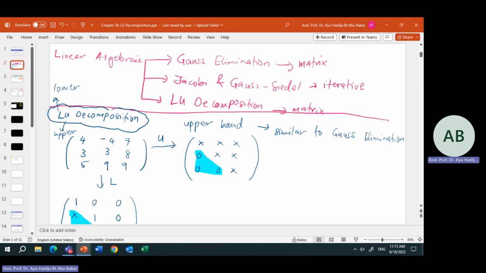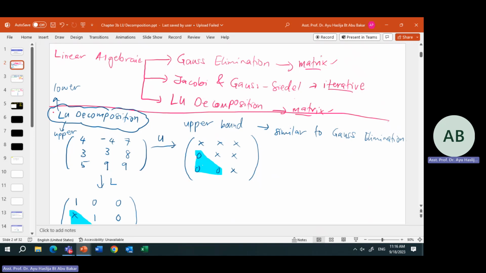Gauss and LU use matrices. Jacobi and Gauss-Seidel are iterative. So I will finish up the matrix ones first, then only we will go to the iterative. As I think, this one is for civil students. They are covering the same syllabus. After we are done with LU, then we will go to Jacobi as well.